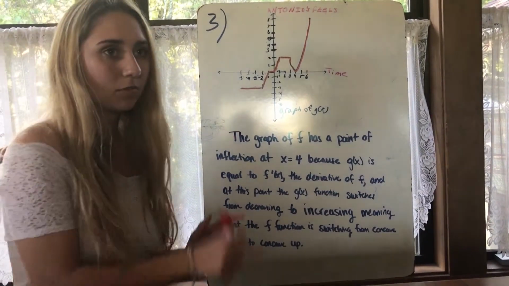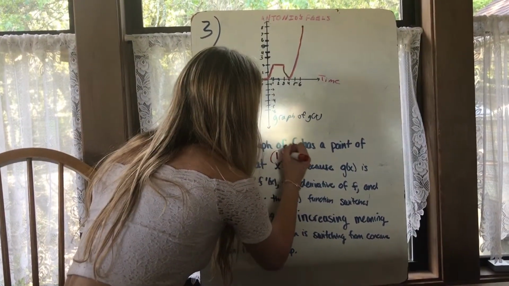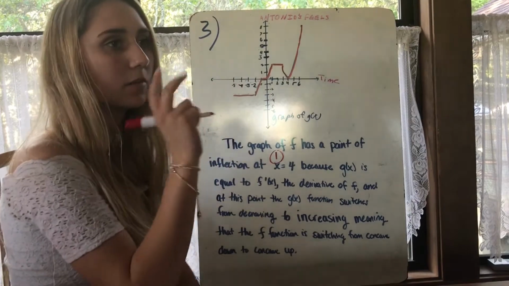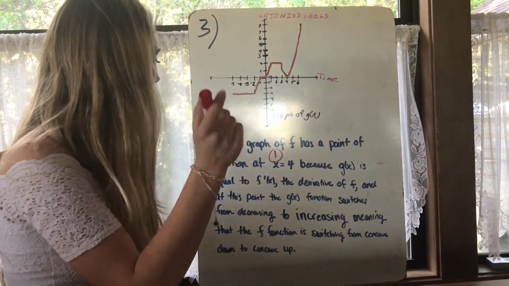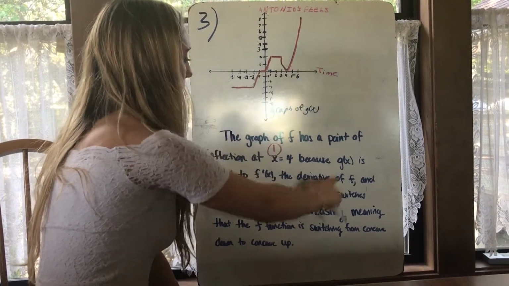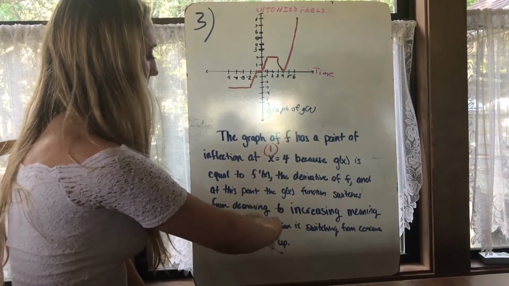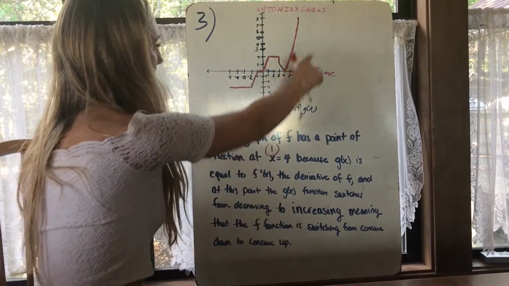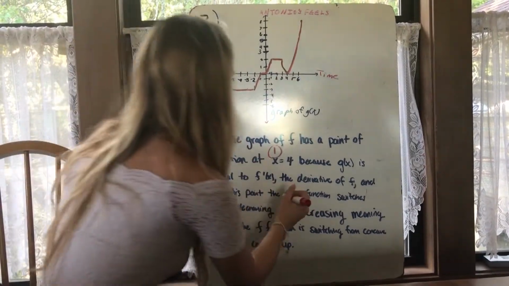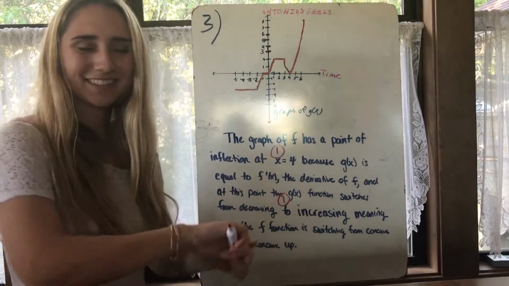So first of all, we get 1 point for having the correct point of inflection. And then our second point is given by proper justification. So we stated the relationship between the g of x function and f. And then we also stated that it is going from decreasing to increasing. So we get another point for our explanation, creating a total of 2 points.